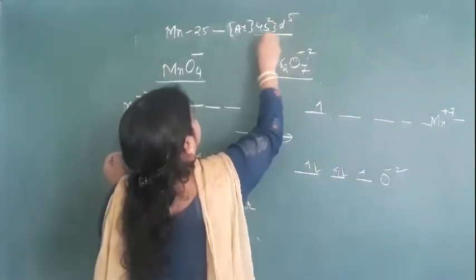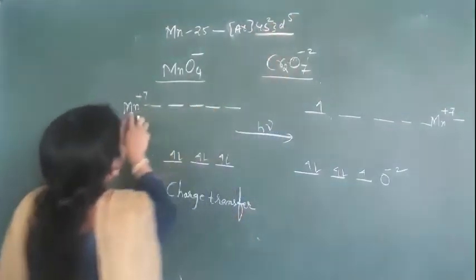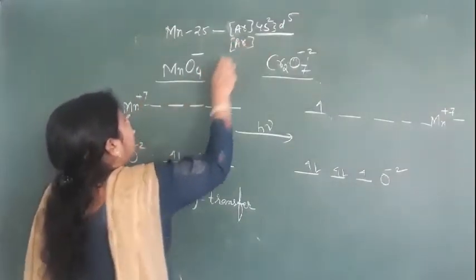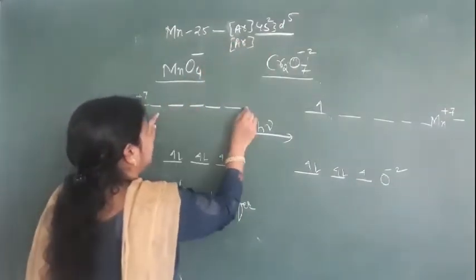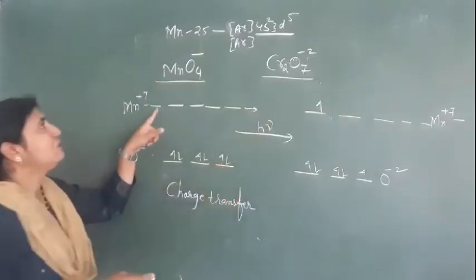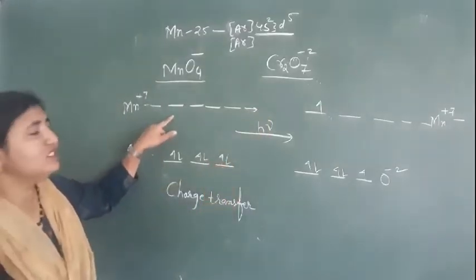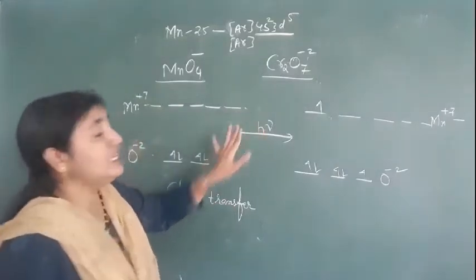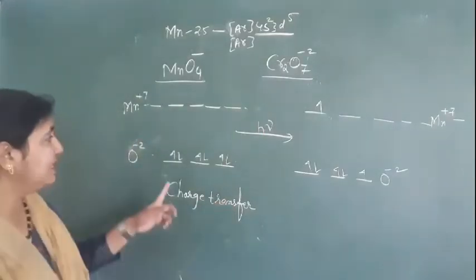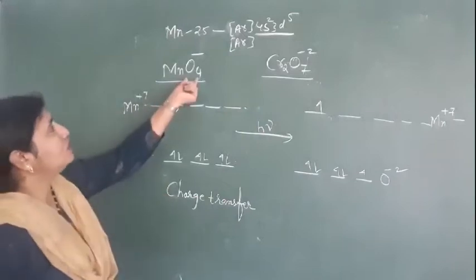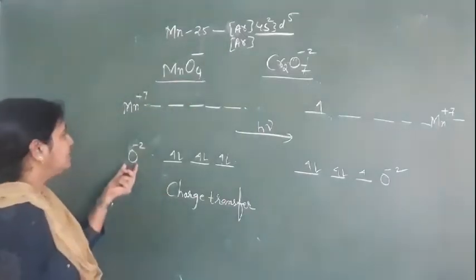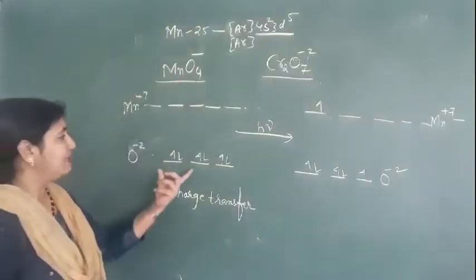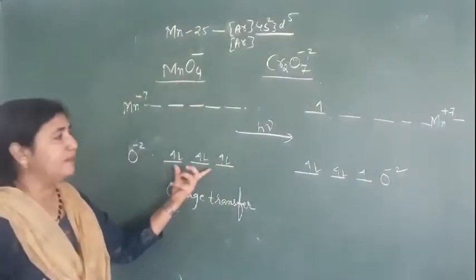So if all these 7 electrons are removed, the +7 oxidation state means it is argon only, so there are no electrons in the d subshell. It means it should be colorless, but it is not colorless. Why? Because d-d transition does not take place here. What takes place? We have oxygen with oxidation state O minus 2, which means it has 8 electrons in its outer shell.